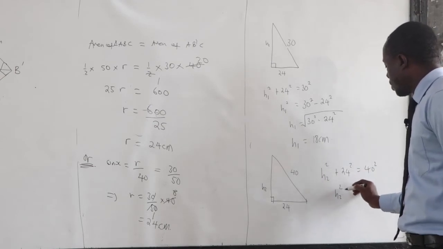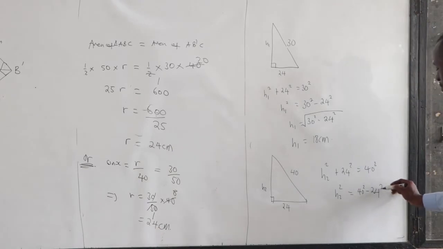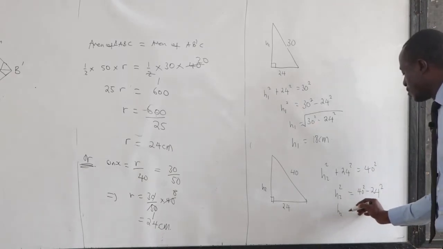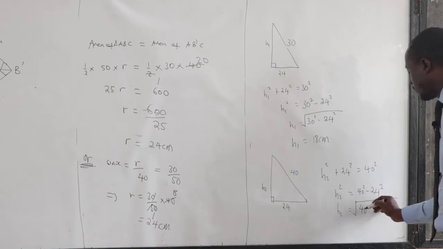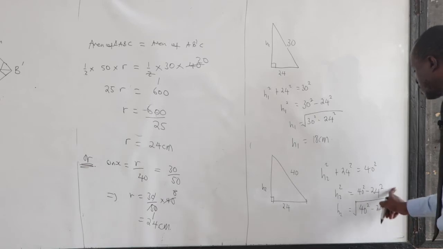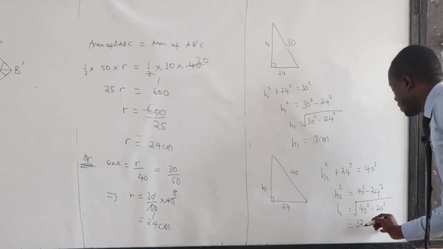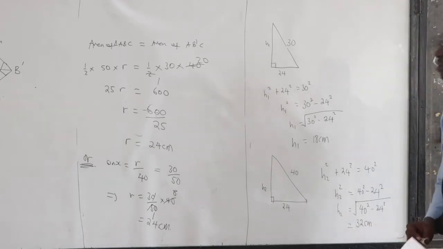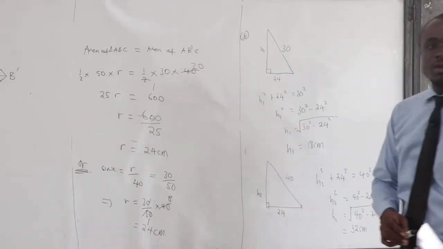Now H2 square equal to 40 square minus 24 square. H2 equal to square root of 40 square minus 24 square. When you use the calculator, it is giving us 32 centimeters. So this is the second one, height of each cone.